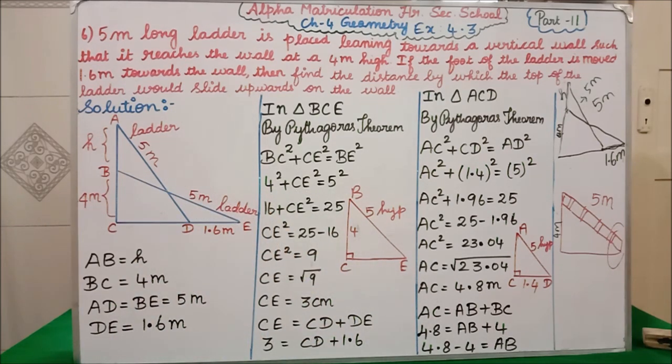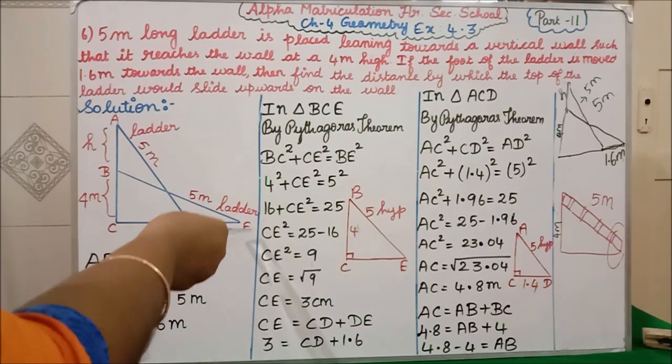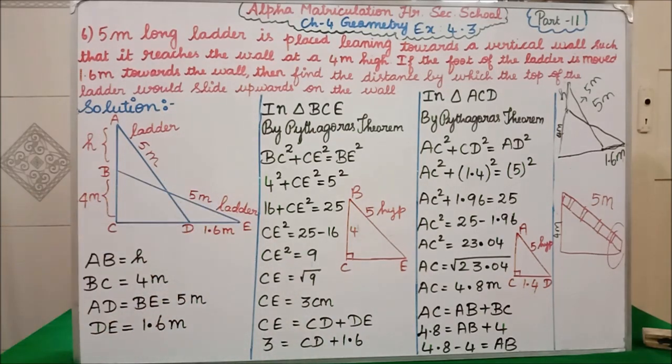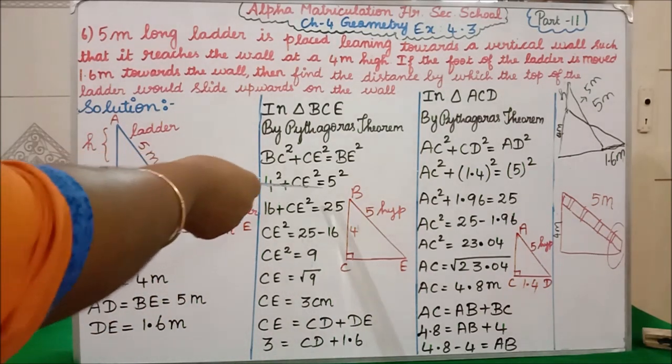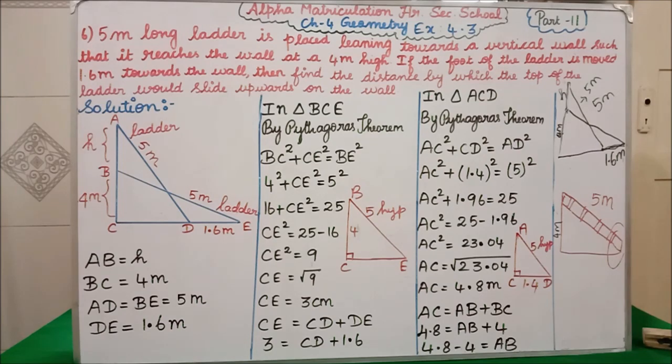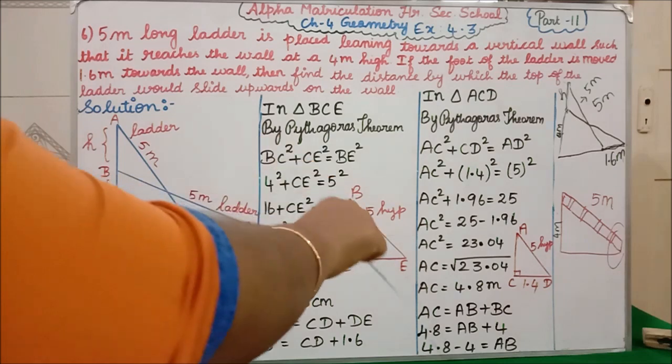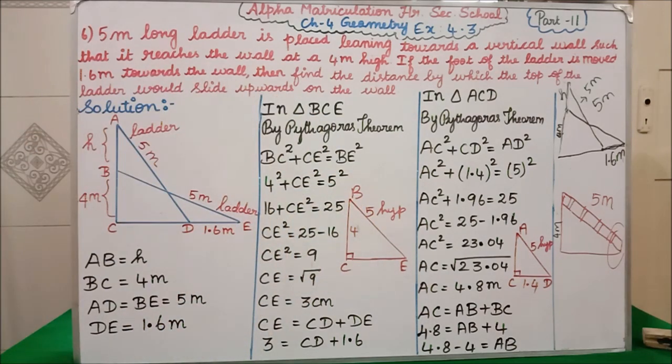Clear? BC value we know: BC is 4, so I have written 4 whole square, plus CE square. CE we don't know. So CE whole square is equal to BE, the ladder length, 5 square.